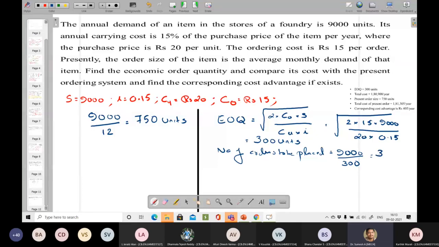Here it is 12 orders. Now what will be the total cost for both the criteria?